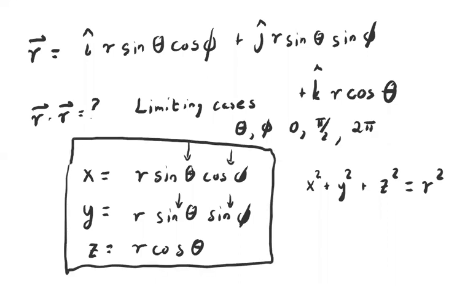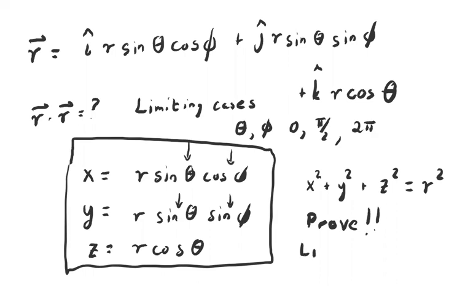So in terms of spherical polar coordinates, the position vector is defined as such, and the components x, y, and z have these definitions. So again, you need to go back to the diagram and prove to yourself that you believe these things.